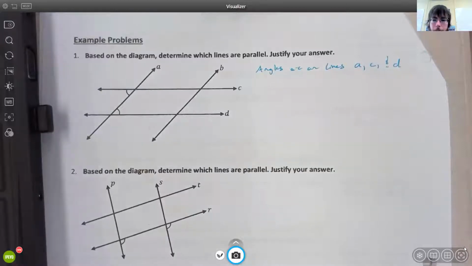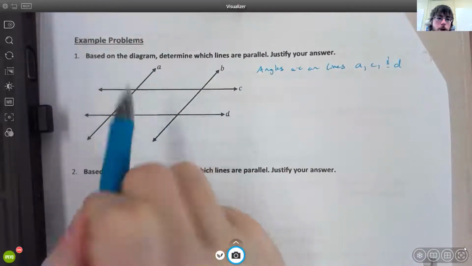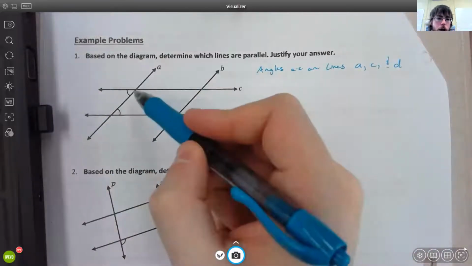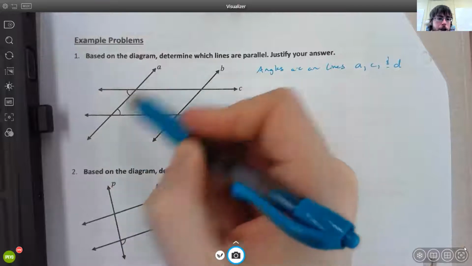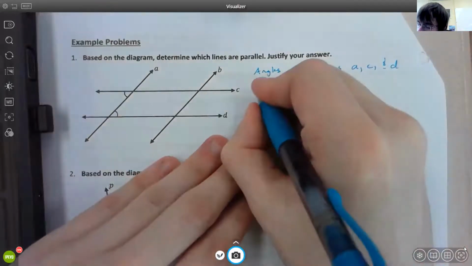So A, C, or D, which one would be the transversal? Well, line A would be the transversal because it cuts C and D. So A is the transversal.